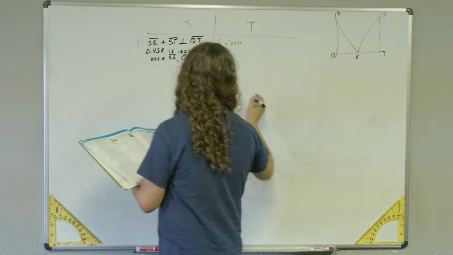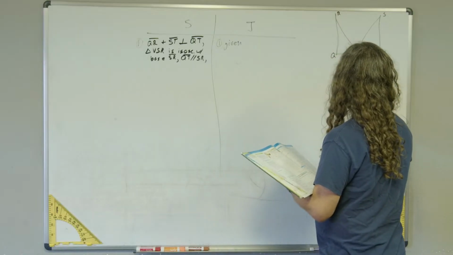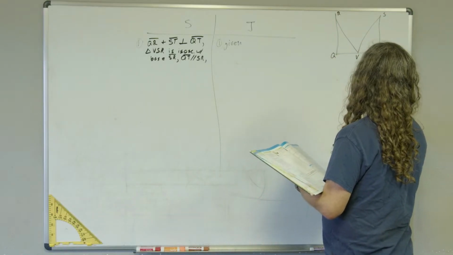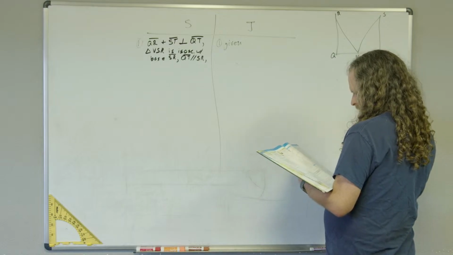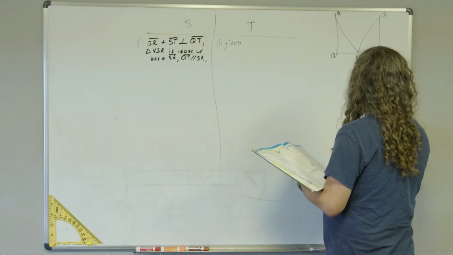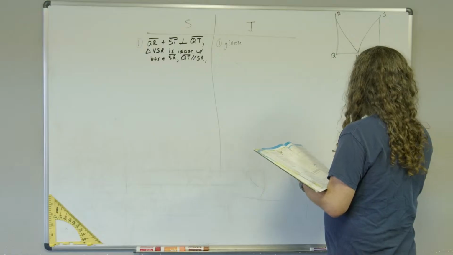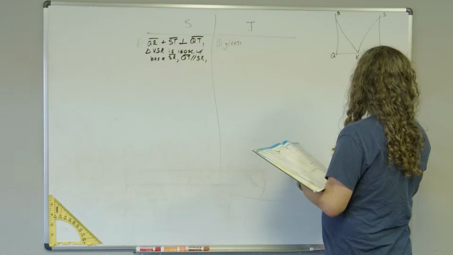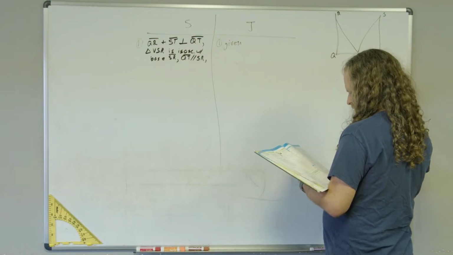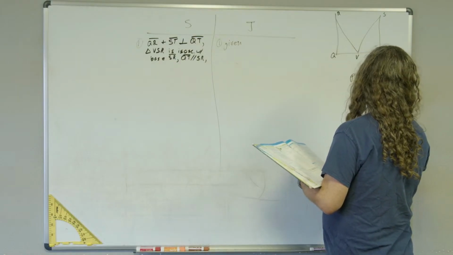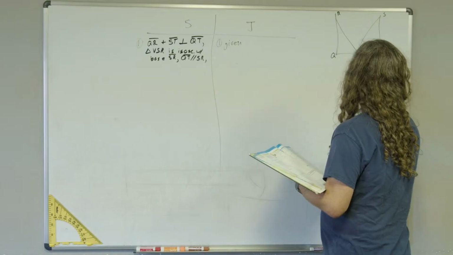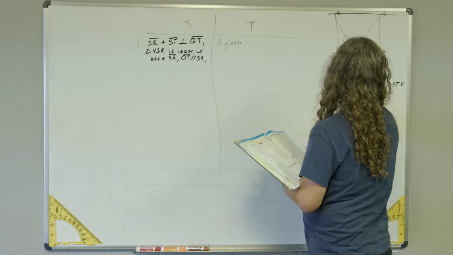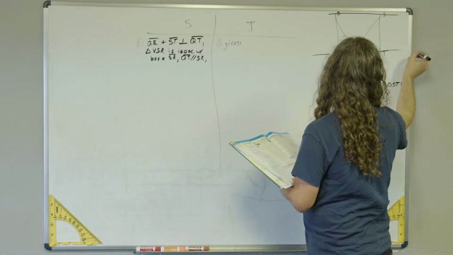We want to prove, I feel like this one's going to be way easier than the last one, but let's find out. Prove that triangle RQV is congruent to triangle STV. So we have these lines here, and this is, of course, this line. We've got a couple of things.